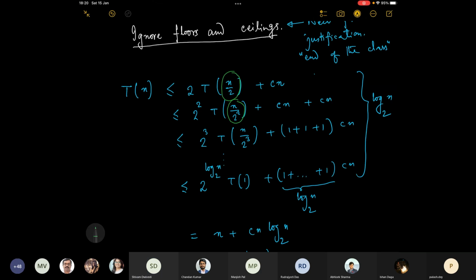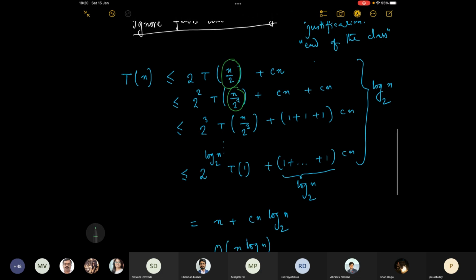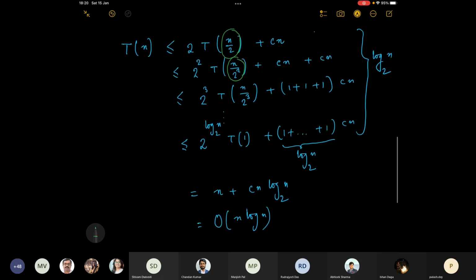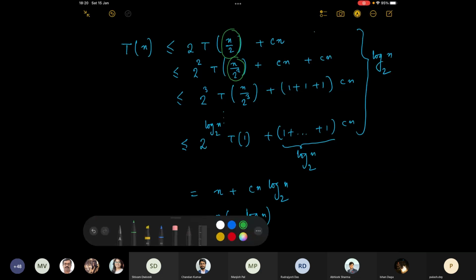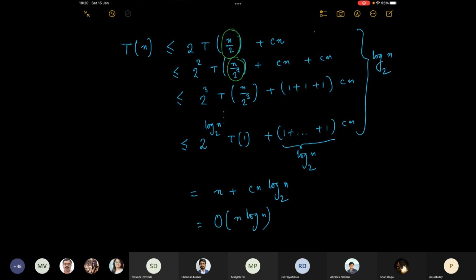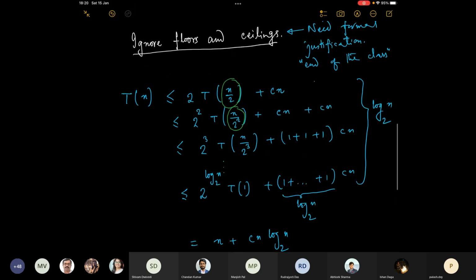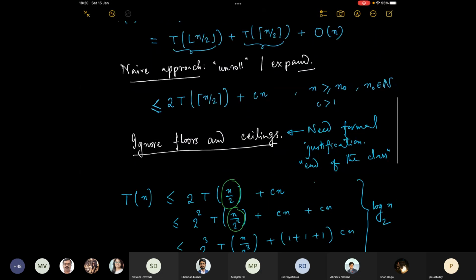Any other question? And this is the crux of the matter, the main point of today's discussion. If you have understood this analysis, you have understood everything. Whatever I will teach today, you will understand it. It is not difficult at all. So what we will do in the rest of the class is fill up some formalities and generalize it. Here we have 2T(n/2).